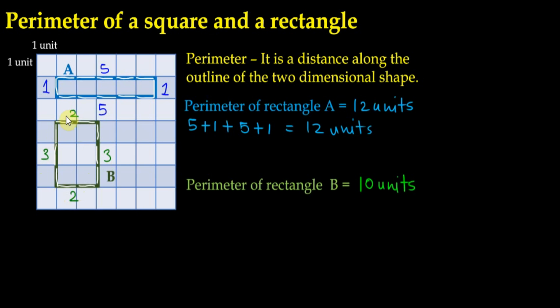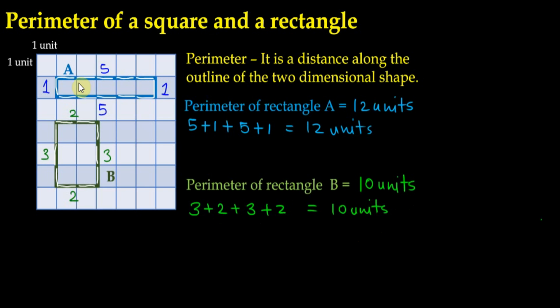So again, if we add the lengths of all the sides of rectangle B, that is 3 plus 2 plus 3 plus 2, we will get 10 units. So once again, either way we are getting the same answer for the perimeter of rectangle B, that is 10 units.